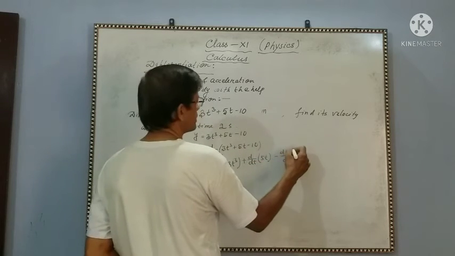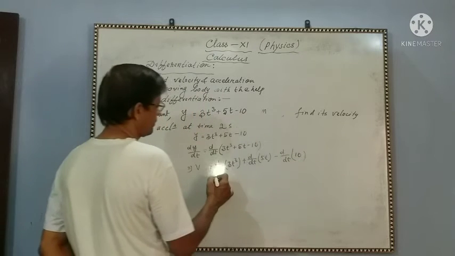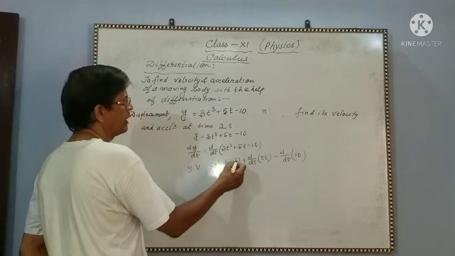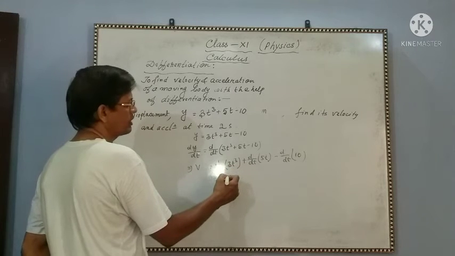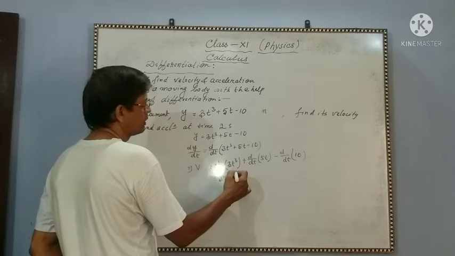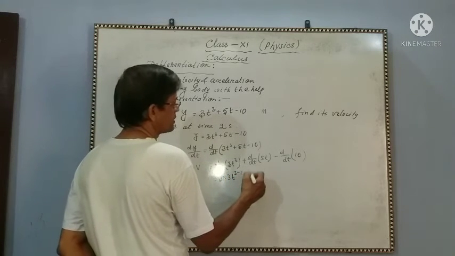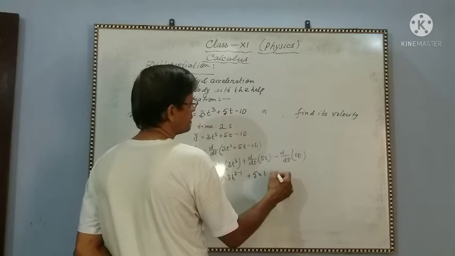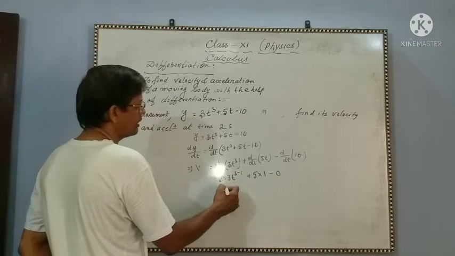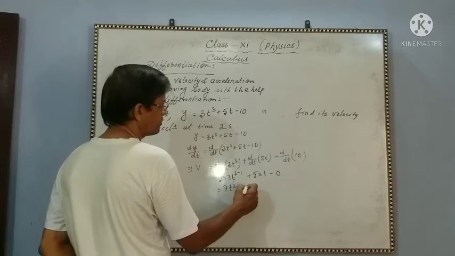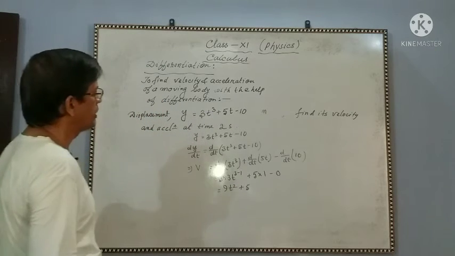So the constant 3 is coming out, and then its differentiation, the power is decreased by 1, 3 minus 1, plus the constant 5 is coming out, then d by dt of t means 1, minus 0. So it is coming 9t square plus 5. So what is the velocity?